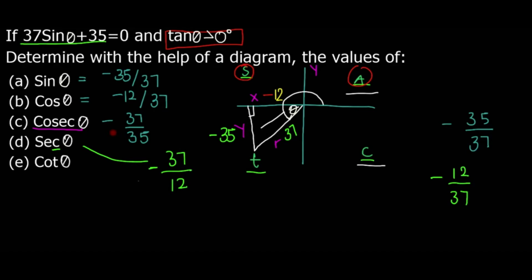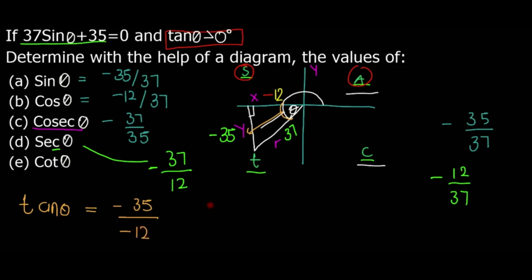So that is how we get the reciprocals, but let's look at cot theta. Remember cot goes with tan, but we must first get the value of tan, and we know tan is opposite over adjacent. So if tan theta is opposite over adjacent, it is negative 35, which is opposite, and adjacent is negative 12.